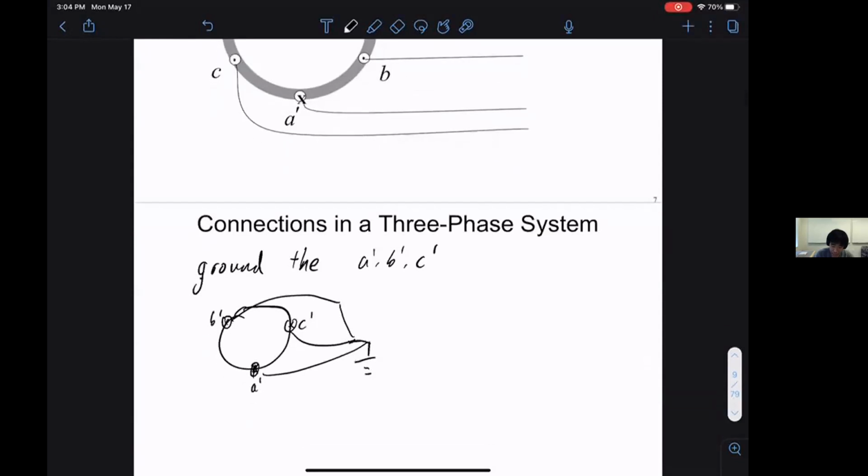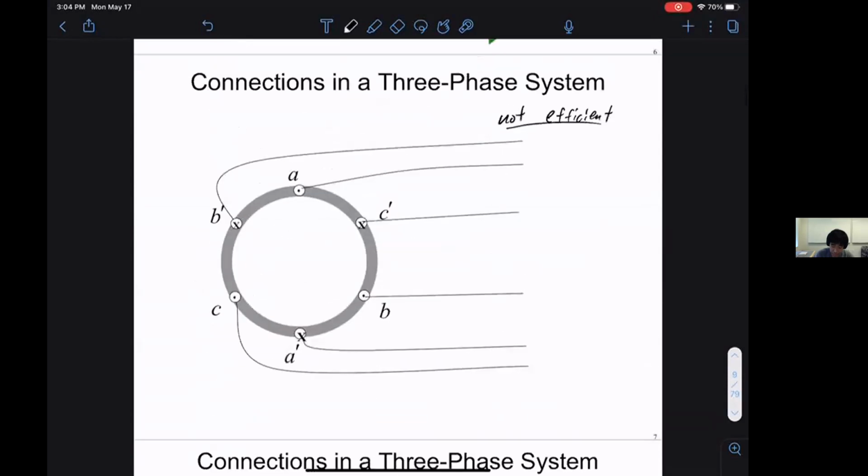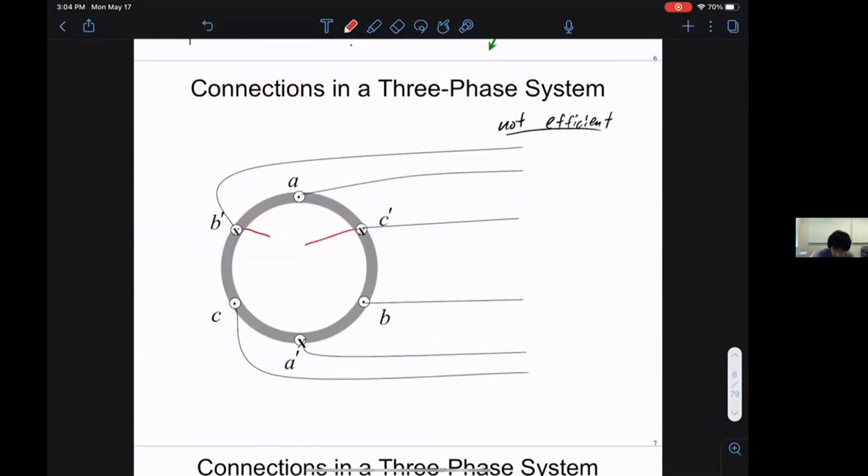So exactly how should we connect them? One suggestion is I should just take these and tie them together and ground them. So Hollis, what do you mean by connect them to the socket to cancel it out?